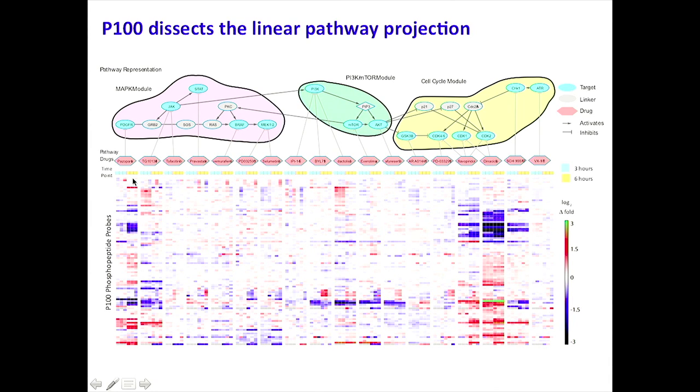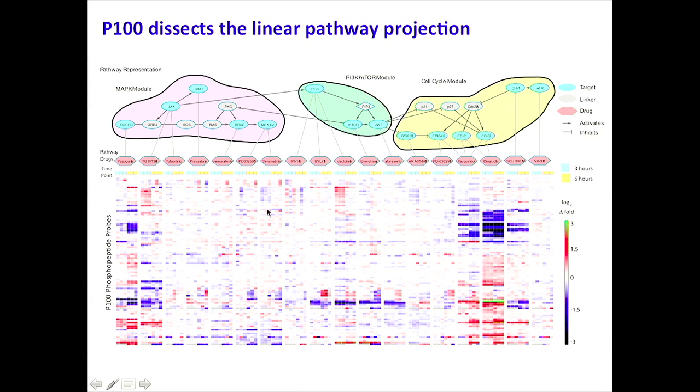And I think, just by observing this picture, you can see that the different drugs along this linear pathway projection tend to generate different signatures. Things here don't look like things here, don't look like things here. But the other thing that we noticed by looking at these heat maps is that treatments that are proximal in the linear pathway projection tend to develop signatures that are somewhat similar to one another, right?